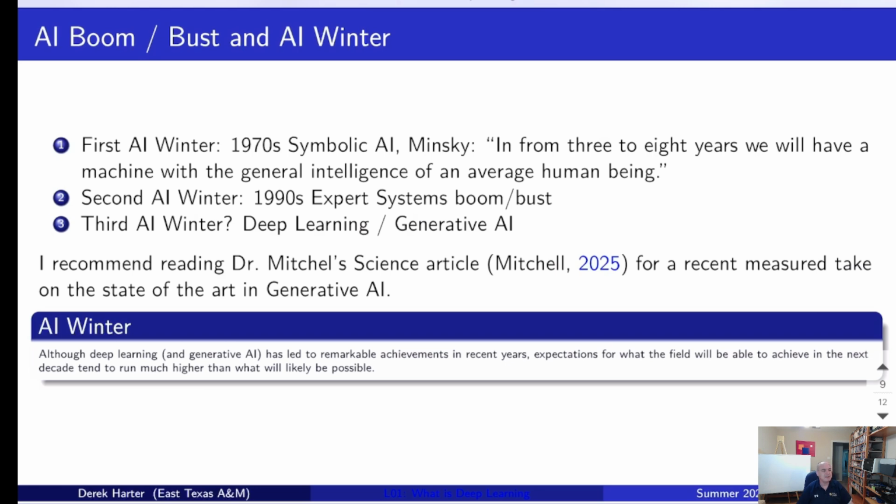But there have been several cycles where people overpromised things, and then those promises of what AI could do didn't manifest themselves. Then people lost interest in AI and the funding went away. These were known as AI winters, and this happened more than once. There's a lot of interest, a lot of buzz about generative AI and large language models right now, but there's definitely again a series of things being overpromised about what it can do. I study AI and deep networks.